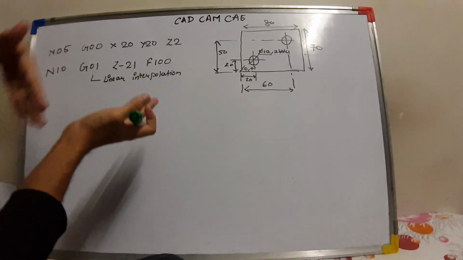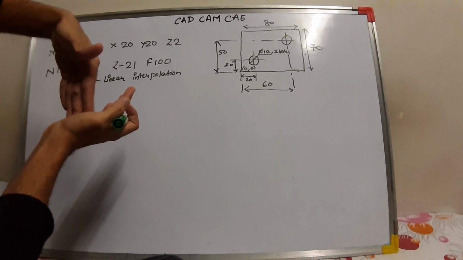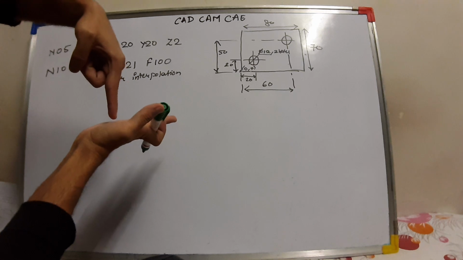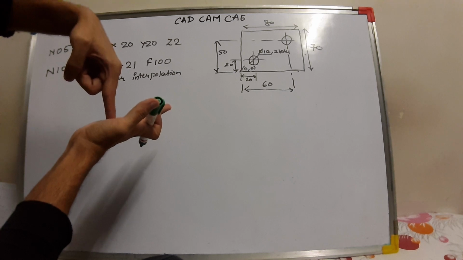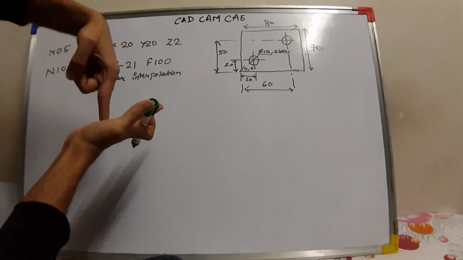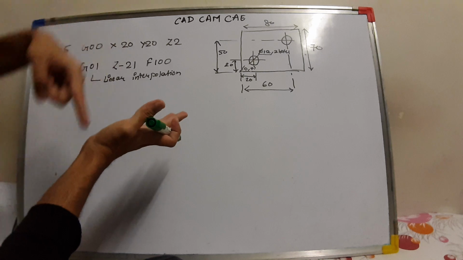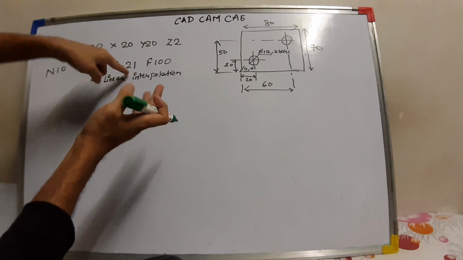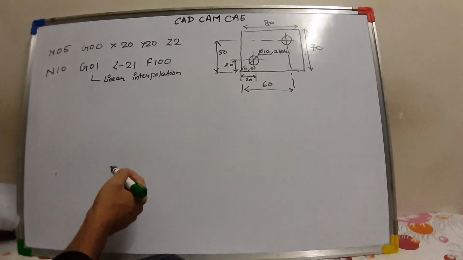So now Z is the vertical, okay, it is the depth. All right, so what will happen when you're taking the tool, okay, on the workpiece, and when you're giving the command of linear interpolation Z minus 21, so it will cut the workpiece, it will go down in Z direction. Okay, are you understanding? So what will happen here, Z minus 21 is the command for drilling the hole. So it is drilling the material in Z direction minus 21 with a feed rate of 100.